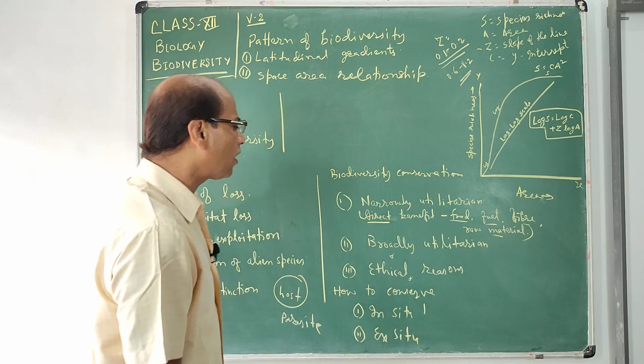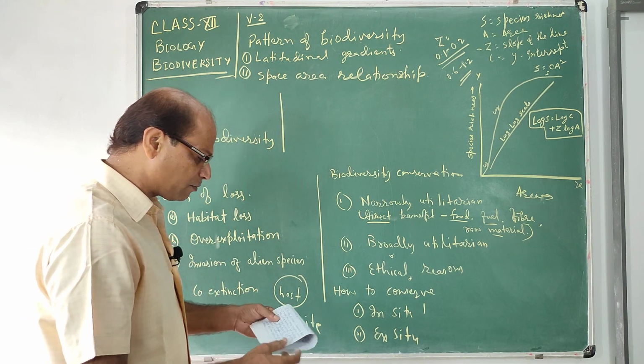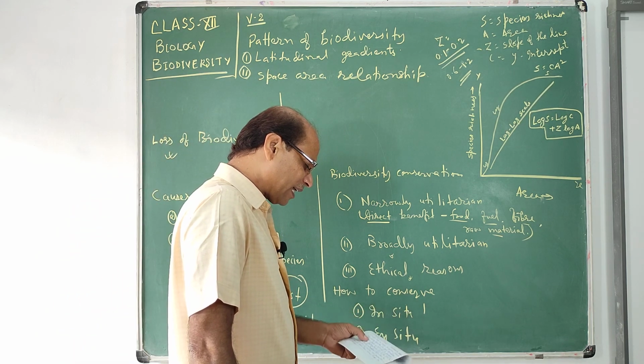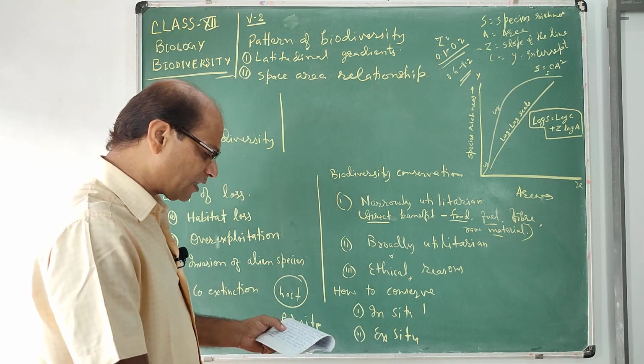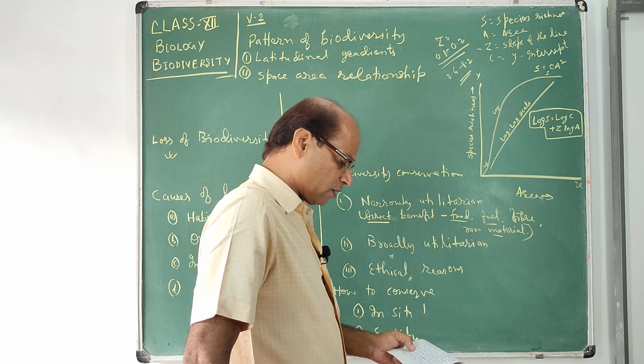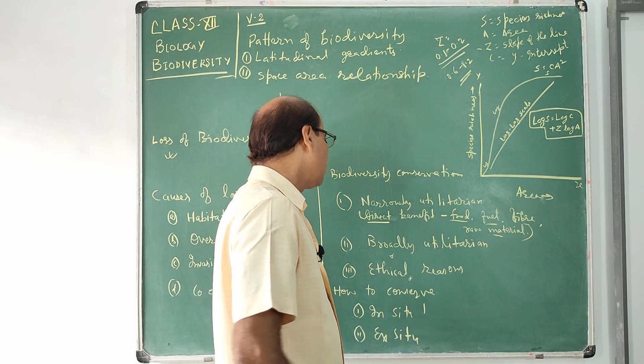Now the second one, broadly utilitarian, in which biodiversity plays a major role in many ecosystem services that nature provides. The vast Amazon forest is estimated to produce, through photosynthesis, 20% of the total oxygen.